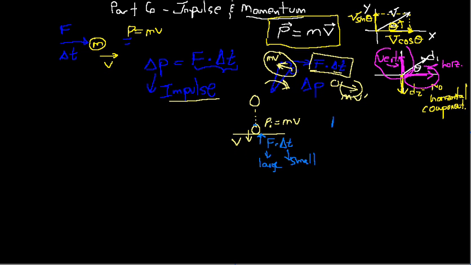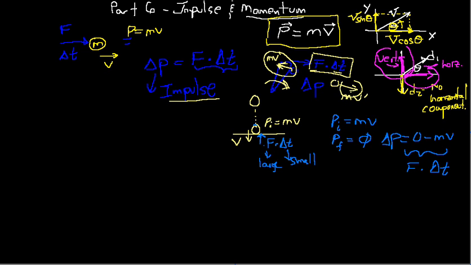So we went from a momentum initial of mass times v to a momentum final of 0 because it wasn't moving. So this change in momentum was 0 minus mv. This change in momentum was the force times the time.